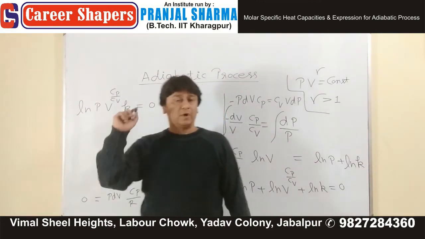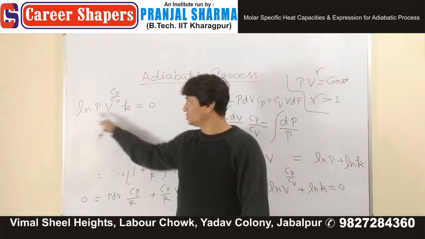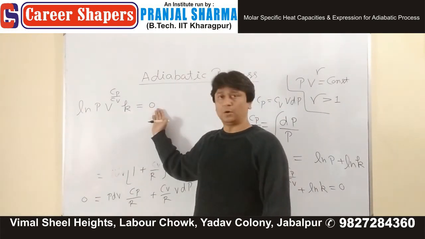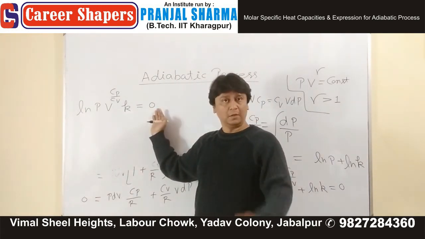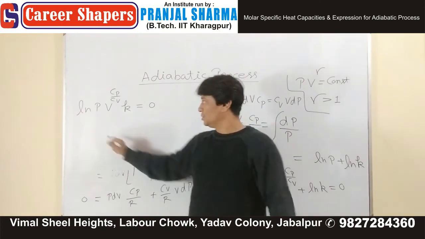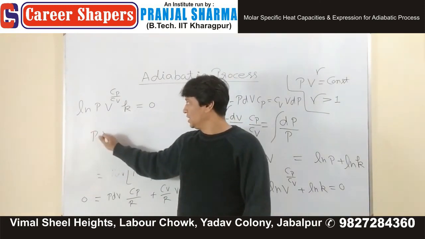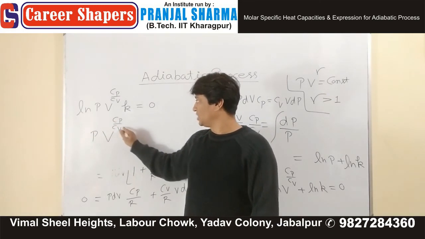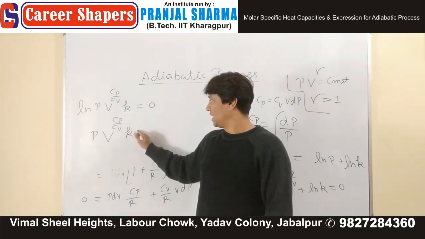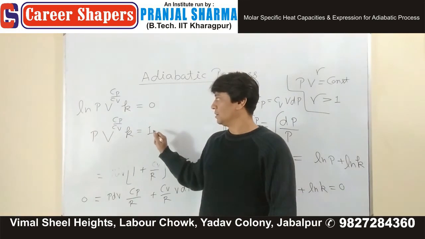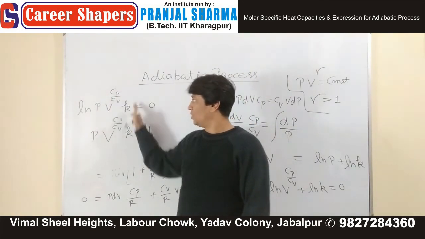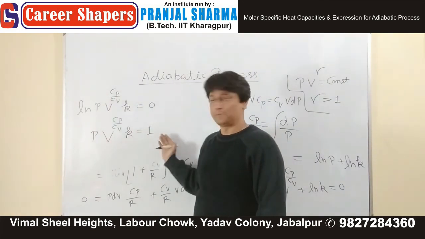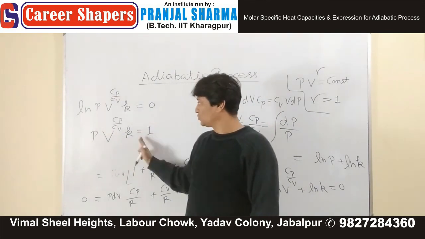Now what is that number whose log is 0? That number is what? 1. So what do you got? P V to the power Cp upon Cv into k is 1. Log of 1 is 0. So this number is what? 1.